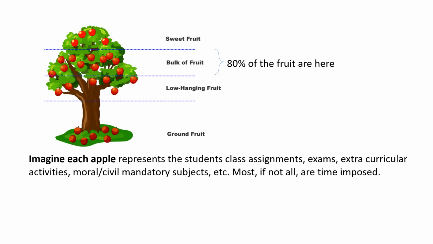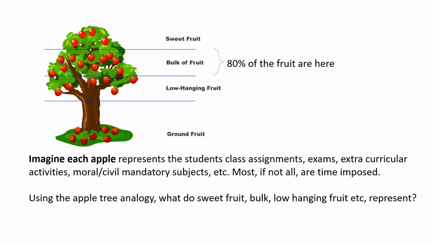Most of it will be time imposed, isn't it? So using this apple tree analogy, what do you think the sweet fruit, the bulk, the low-hanging fruit, represent in a student's need to do all his work and his achievement within a semester? What do you think?